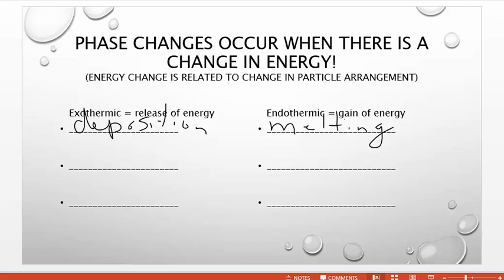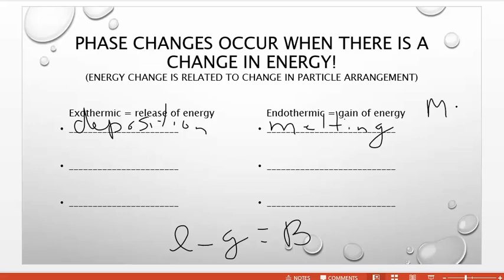So I'm just going to go through one more, and then I'll talk through the rest of them. Let's just say we're boiling. So we're going from a liquid to a gas. That looks like I'm breaking apart because I'm getting less packed together, right?